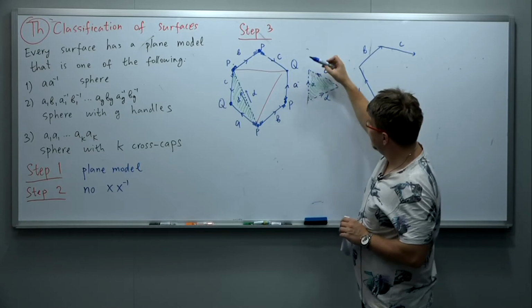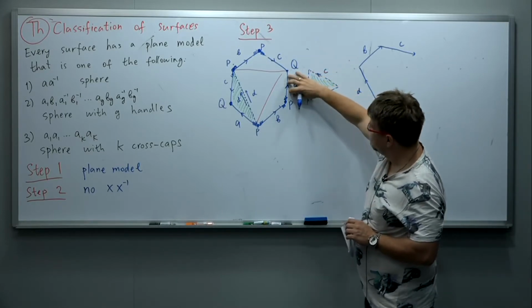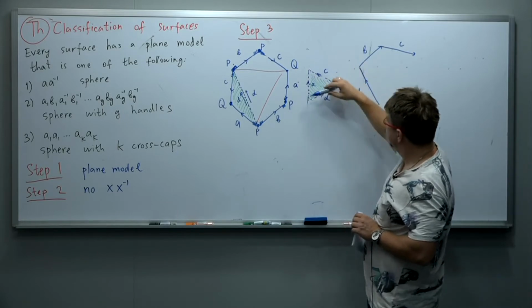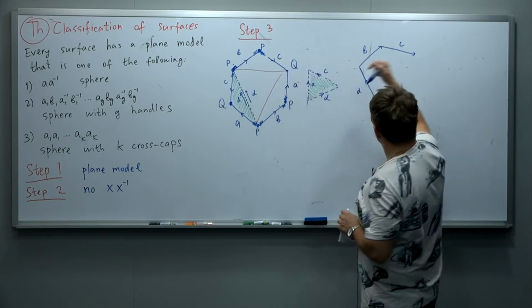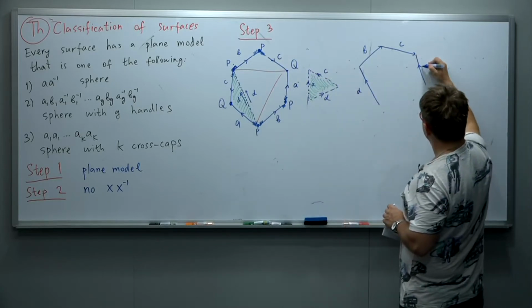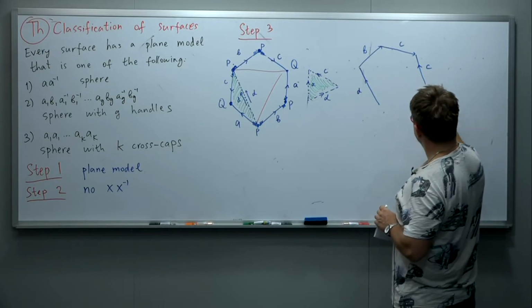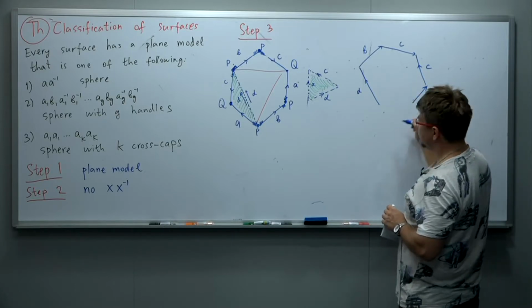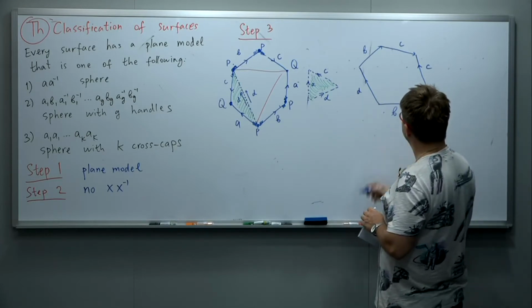So after C, since I'm touching this triangle here, I'm going to have C and D. Now this C points in the opposite direction to this C. And this D points in this direction, and here I have B, so it looks like this.